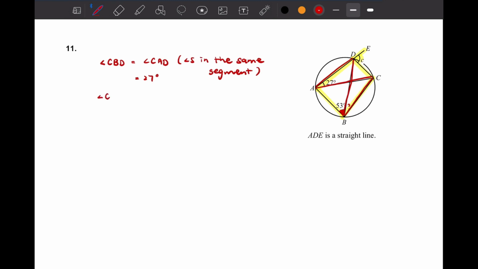So it's equal to 27, and your angle CDE is equal to angle ABC, as we mentioned, the exterior angle of a cyclic quadrilateral. So therefore, it is equal to angle ABD adding your angle CBD. 53 plus 27 degrees gives you 80 degrees.